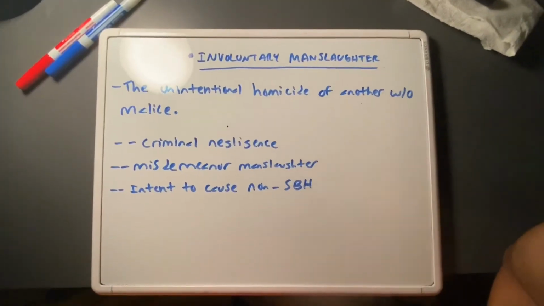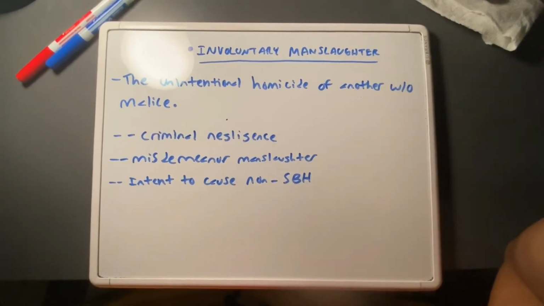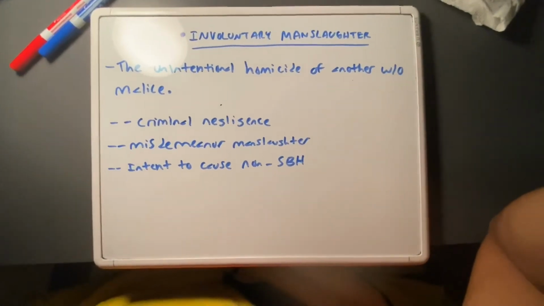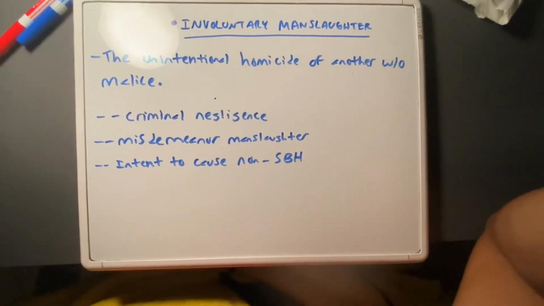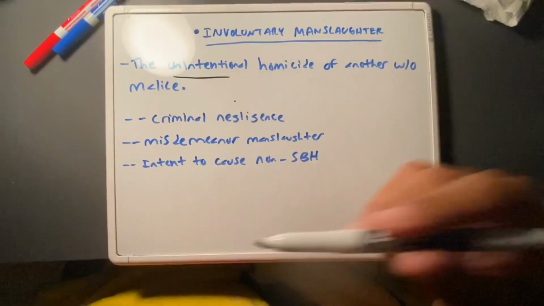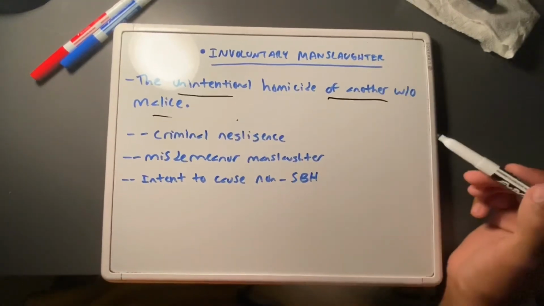And last but not least, let's get through involuntary manslaughter, which is very, very straightforward in my opinion. So IVM, involuntary manslaughter, means the unintentional killing, homicide, of another without malice.